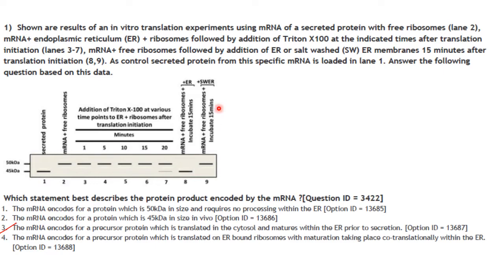Now Triton X100 treated endoplasmic reticulum could not process the 50 kDa protein to 45 kDa, and so the 50 kDa band was obtained for endoplasmic reticulum plus ribosomes plus Triton X100.